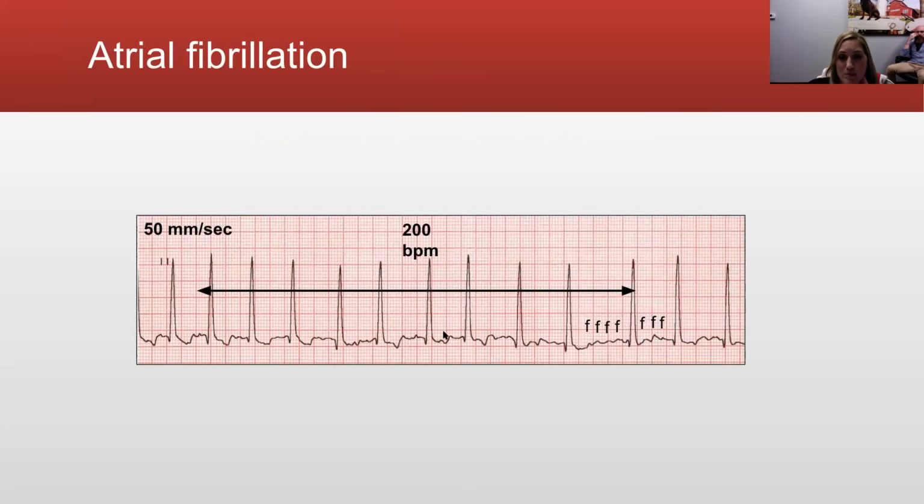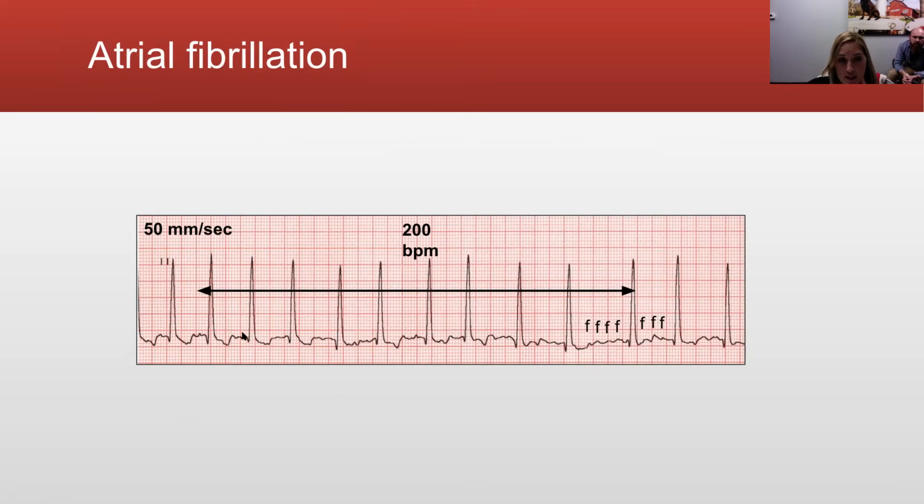So, some examples. This heart rate is about 200 beats per minute, so the heart rate is too fast. Looking at P waves, there are no consistent P waves. You might think, oh, is that a little P wave? But you do not see it repeatedly. Again, you can see these little baseline motions, or fib waves, which may or may not always be present.